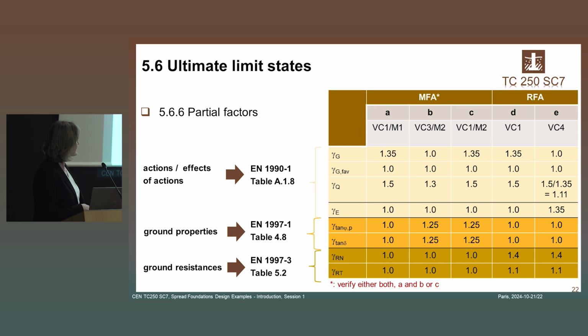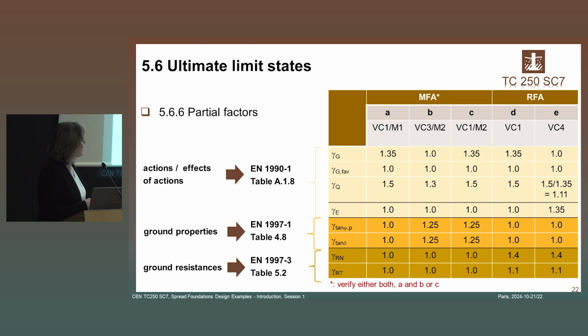And for the ground resistances, we have table 5.2 in part 3, clause 5, where we have these values here. And these are the 5 possible combinations I mentioned earlier, but usually you decide for one or the other, either if you use the material factor approach or the resistance factor approach, depending on your national traditions, let's say, and what is defined finally in the National Annexes.